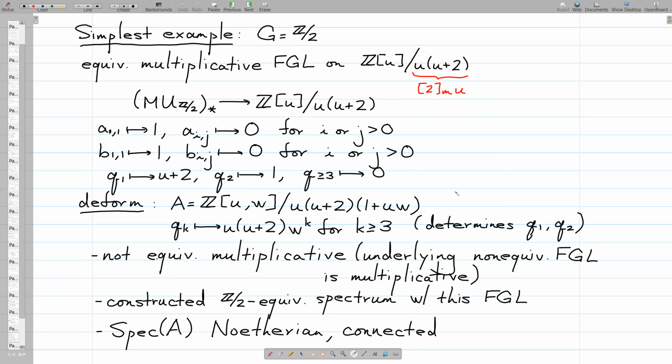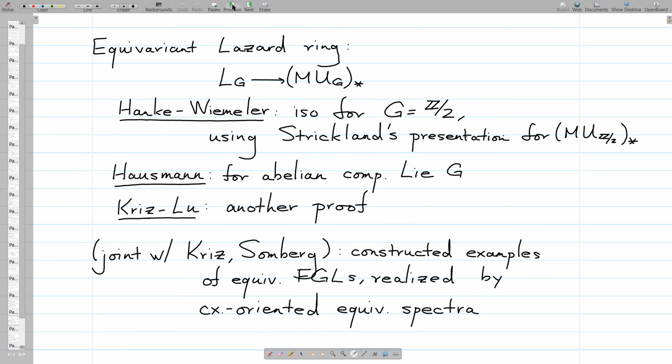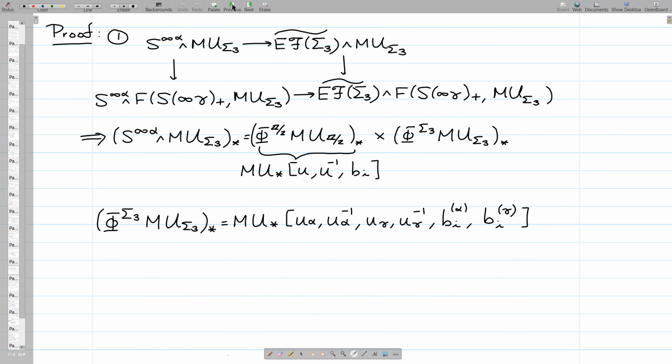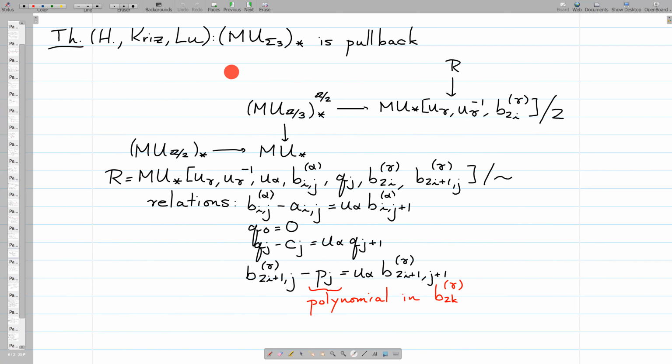Since I have to go, I may step in first and ask a question. You computed the equivariant MU in the case of the non-abelian group by basically presenting it as an extension of two abelian groups. If you want to address a more general non-abelian group, do you anticipate doing the same? Well, I think it will probably be somewhat more complicated.